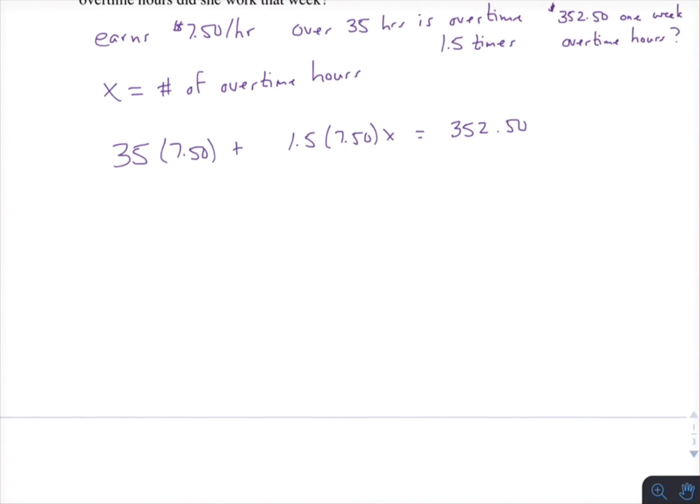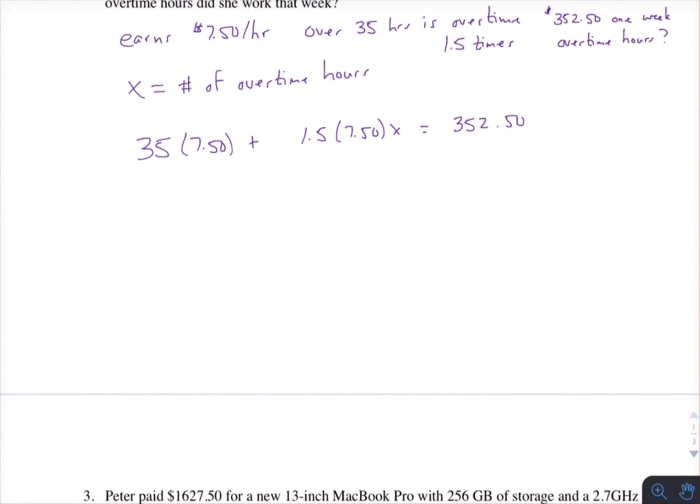All right, so if we multiply by 100, that will get us 35 times 750 plus 15 times 75x equals 35,250.